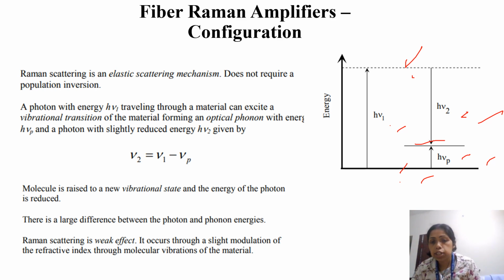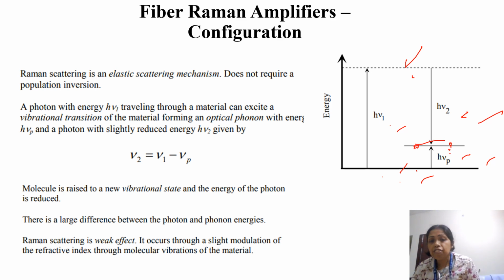Vibrational energy state means there are some discrete energy states where there will be a vibrational transition when the molecule vibrates. So these are the vibrational transition levels.